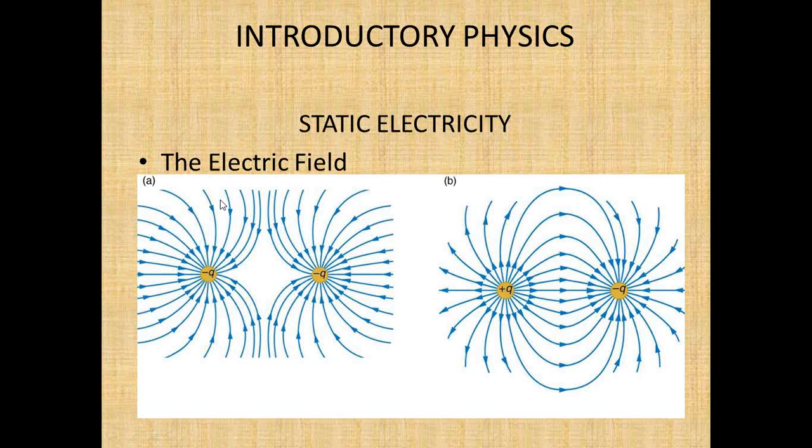When you move away, you see the lines space out a little bit more, because the larger the distance, the less the electric field strength. Electric field strength is equal to K times Q divided by D squared. K is the Coulomb's law constant, Q is the amount of charge, and D is the distance. So the greater the distance, the less the electric field strength. So it's spaced out.